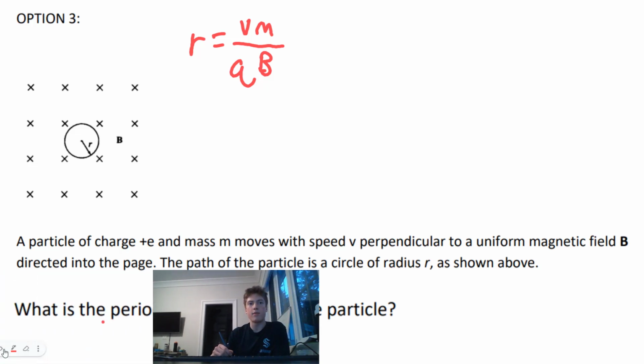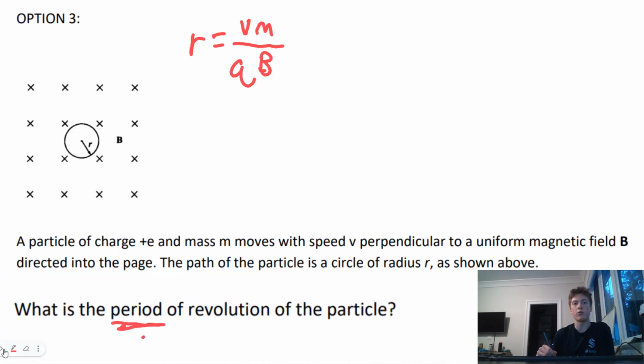So this next step says, what is the period of the revolution? So we're trying to find capital T, which is the variable for the period of the revolution of the particle. I immediately think about the average velocity if a particle completes one circle. Velocity is just distance divided by time.